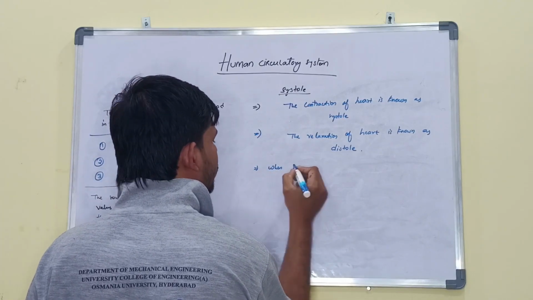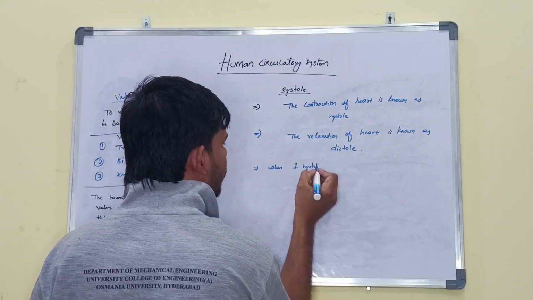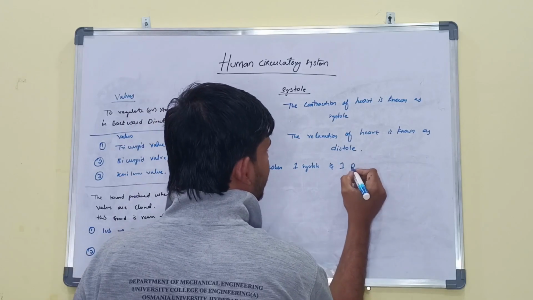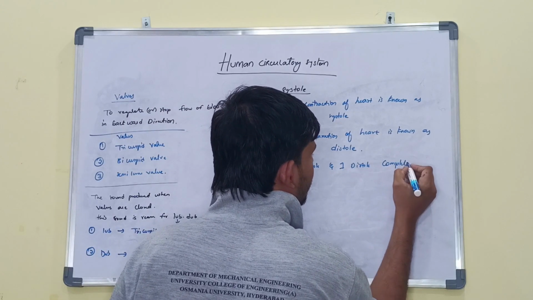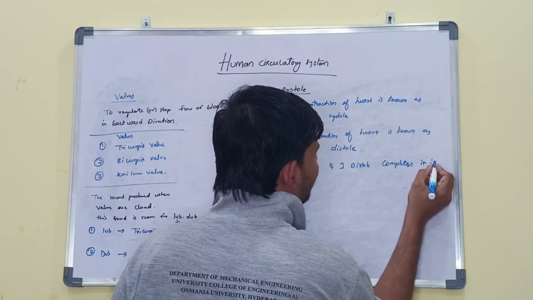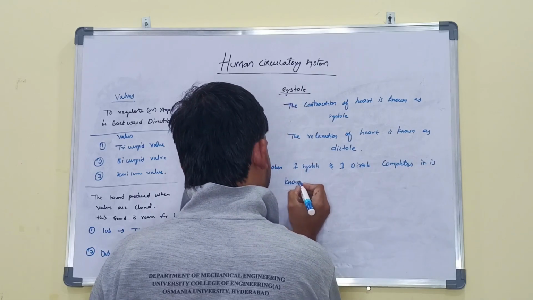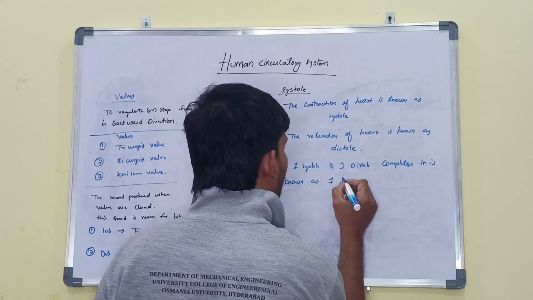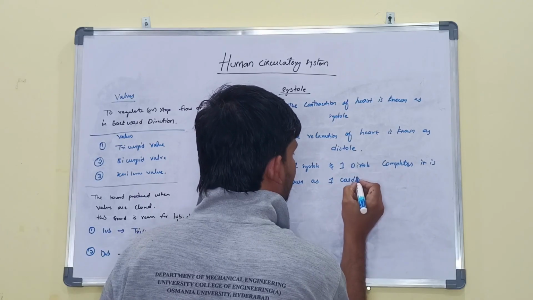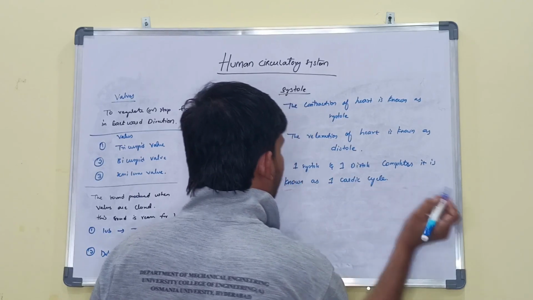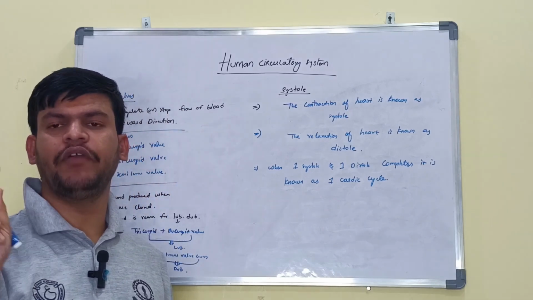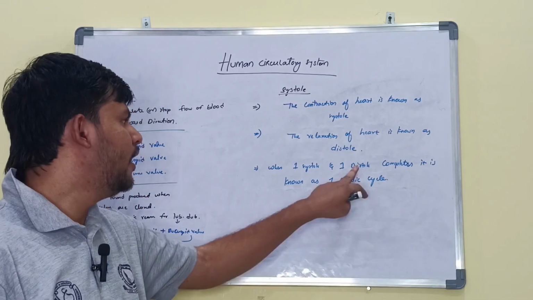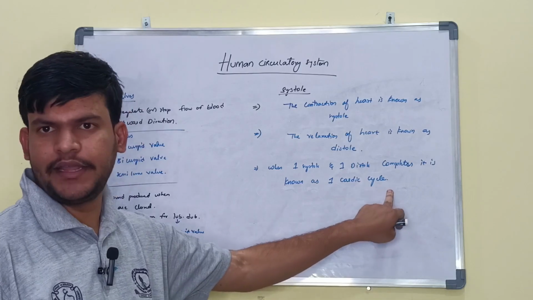When one systole and one diastole complete, it is known as one cardiac cycle. Means when the heart completes one contraction and one relaxation, then that is known as one cardiac cycle.